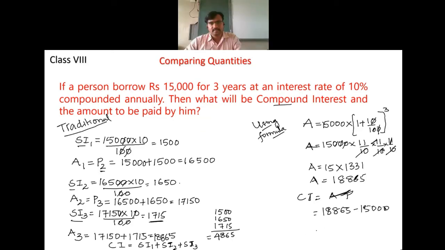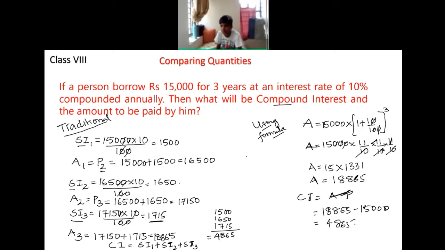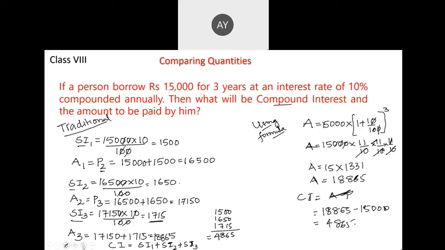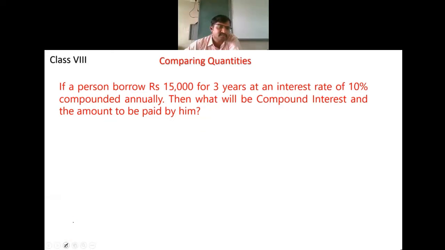Compound interest is 4865. So which method is easy? The second one, the formula method. Using the formula is more easy.